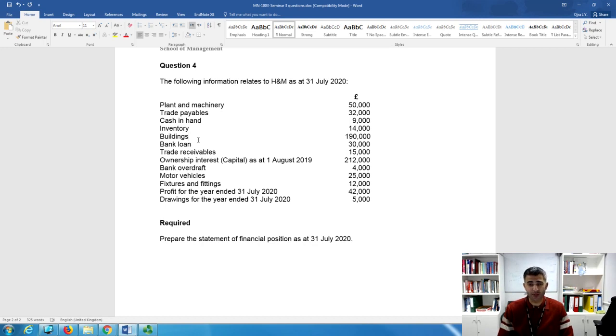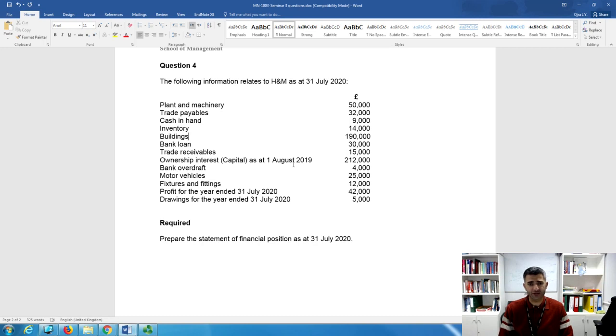Trade receivables, debtors, it's a current asset, write beside it, please. Ownership interest, which is the capital at the opening of the year, which is 1st of August 2019. This is the opening financial year for this business, and this is under equity.